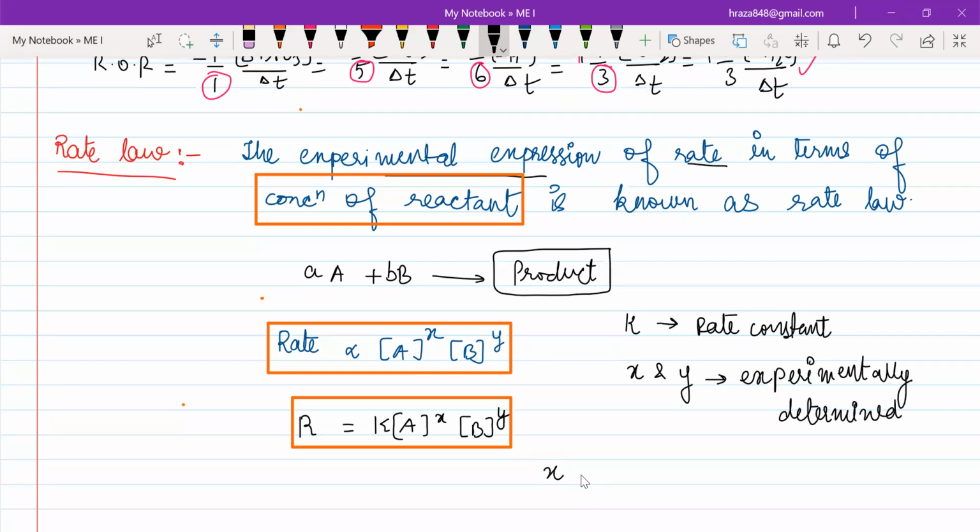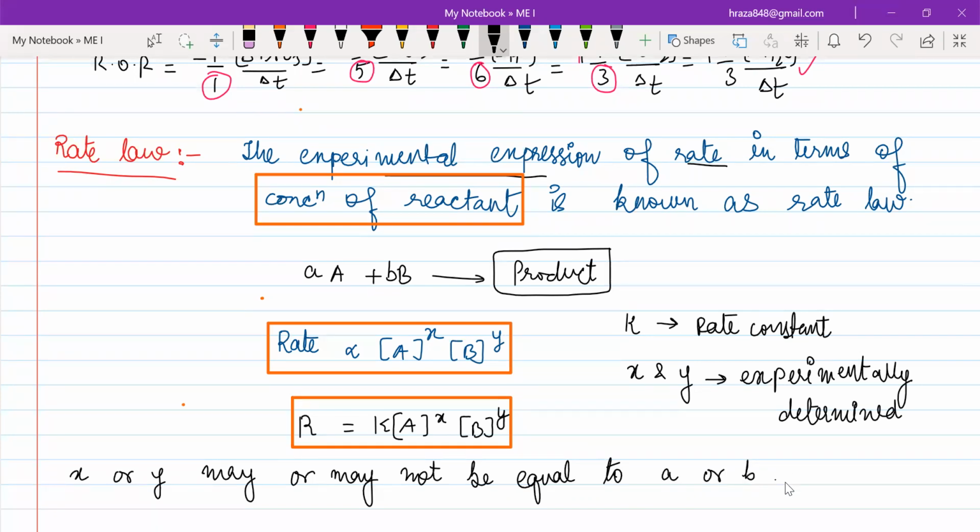And this x or y may or may not be equal to A or B respectively, or we can write, its stoichiometric coefficient.